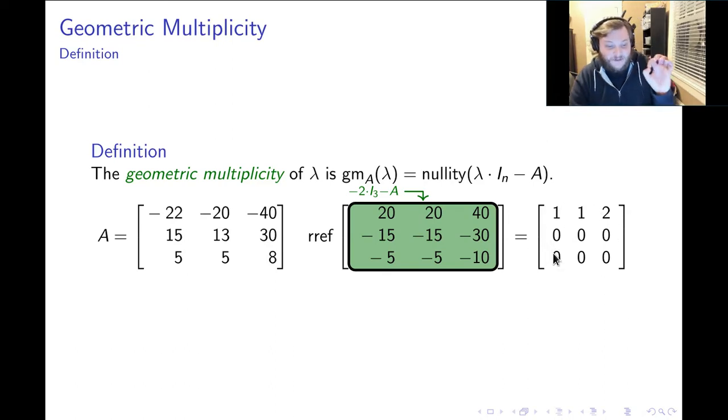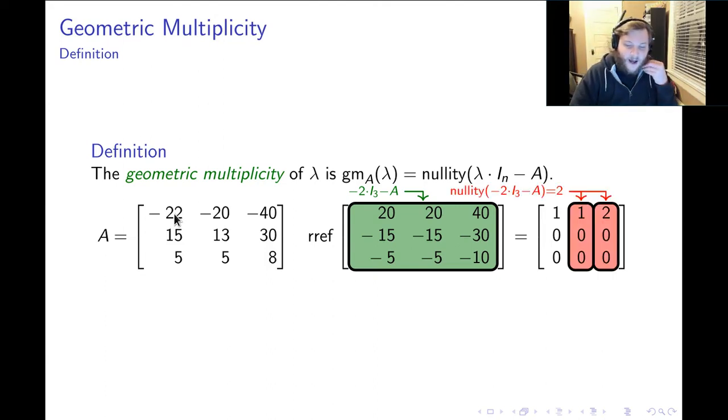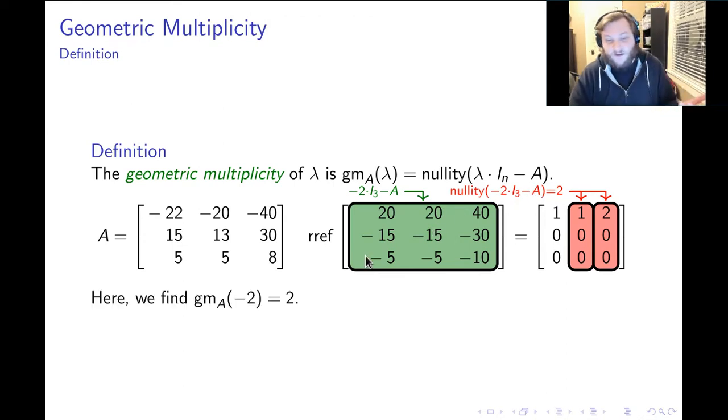So -2 is an eigenvalue of this particular A. And what is the nullity here? Well, I see in my reduced row echelon form that I have 2 non-pivot columns. So that tells me that the nullity equals 2. So here, what we've illustrated is that the geometric multiplicity of -2 as an eigenvalue of this particular A is equal to 2.